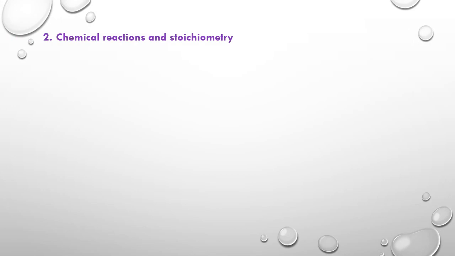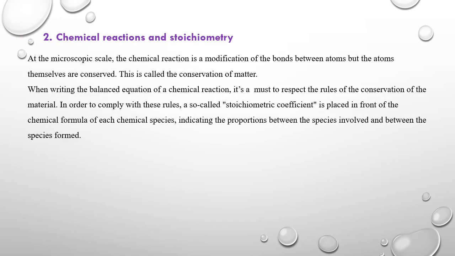Chemical reactions and stoichiometry. At the microscopic scale, the chemical reaction is a modification of the bonds between atoms, but the atoms themselves are conserved. This is called the conservation of matter. When writing the balanced equation of a chemical reaction, it is a must to respect the rules of the conservation of the material.